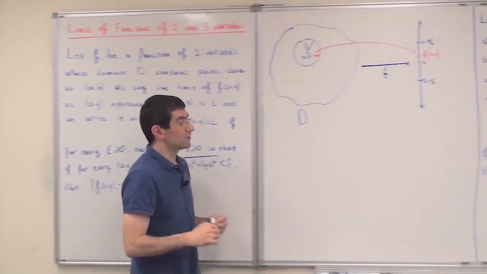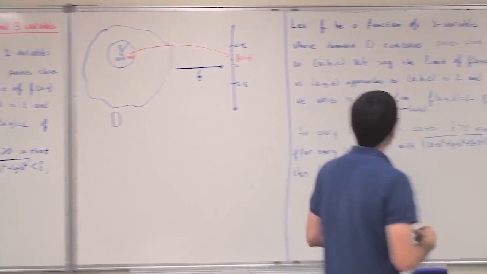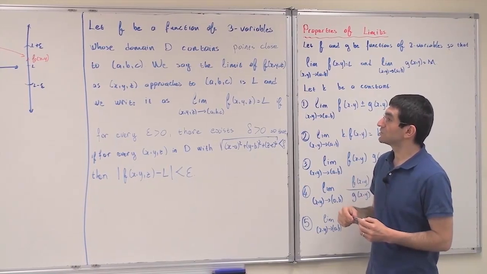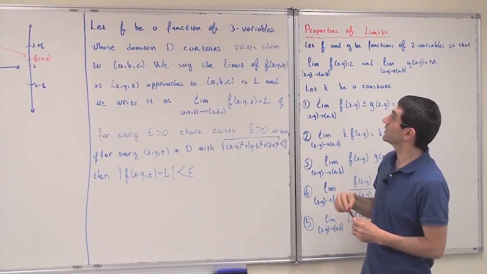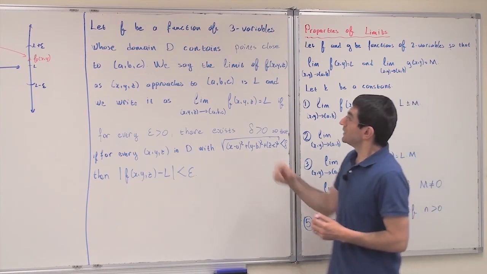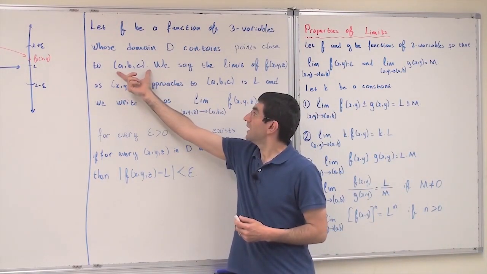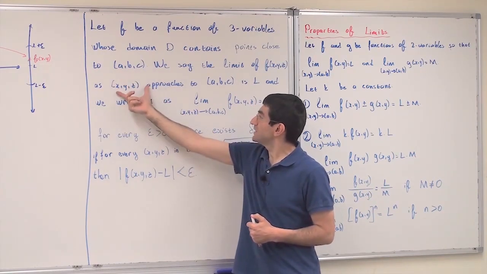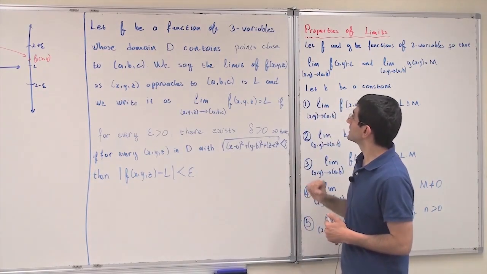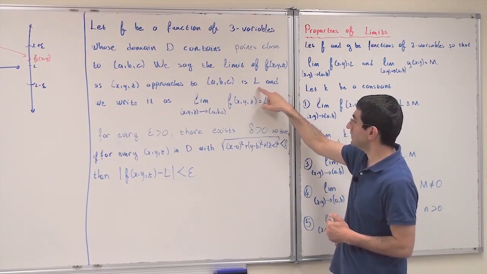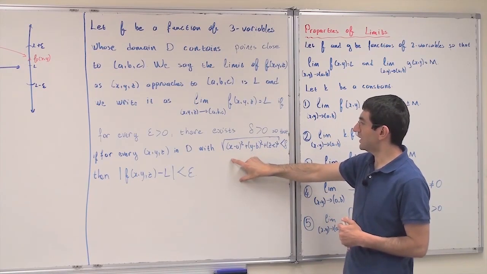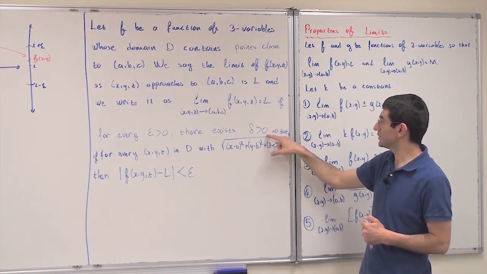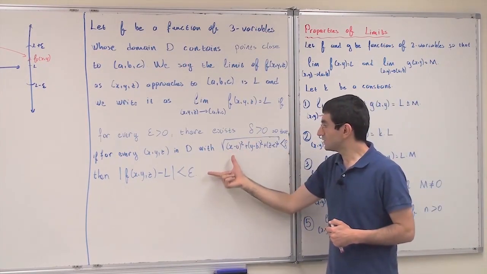Now, let me also explain to you how we generalize this limit definition for functions of 2 variables to the limit definition of functions of 3 variables. Now, this time our points have 3 coordinates, so (a, b, c). So, as (x, y, z) approaches (a, b, c), we say that the limit of f is equal to L if the following condition is satisfied. So, again, for any positive epsilon, we should be able to find a positive number delta which satisfies the following conditions.